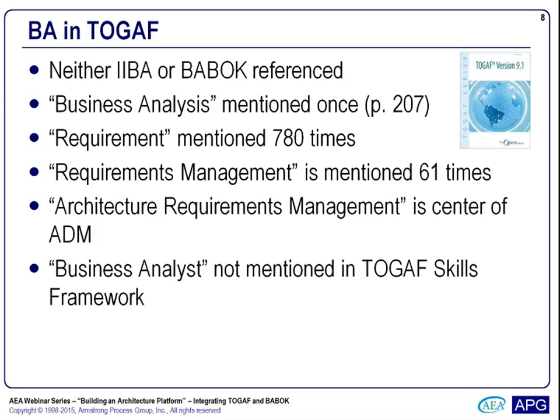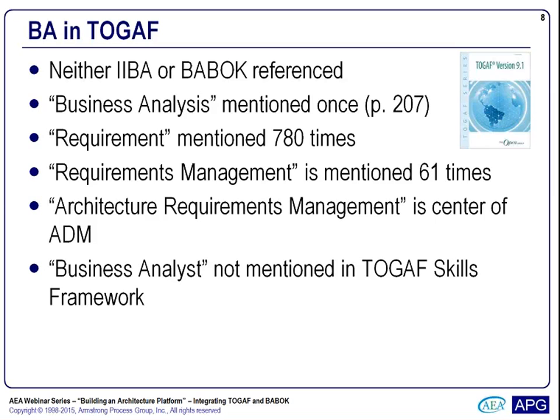Business analysis is only mentioned a single time. The word requirement, the flip side of the BABOK mentioning model 783 times, is coincidentally and oddly mentioned 780 times in TOGAF 9.1. Requirements management is mentioned 61 times. And of course, architecture requirements management is the circle in the middle of the ADM, and we'll talk more about that in a little bit.